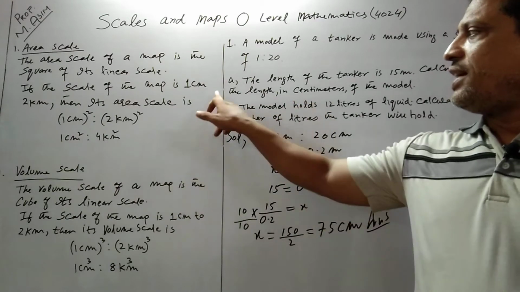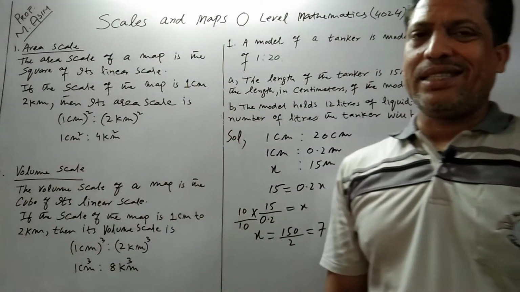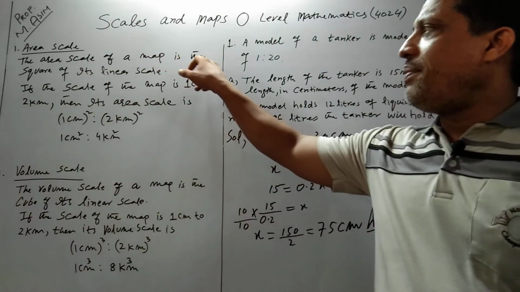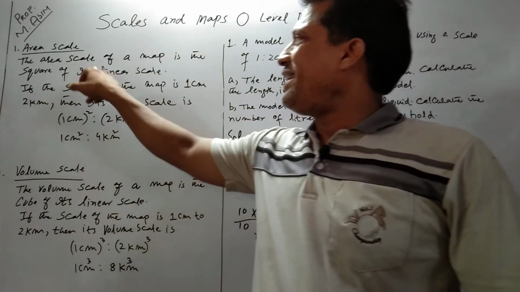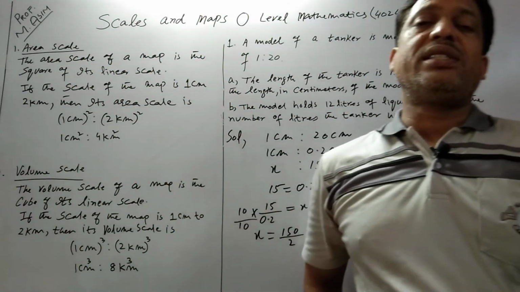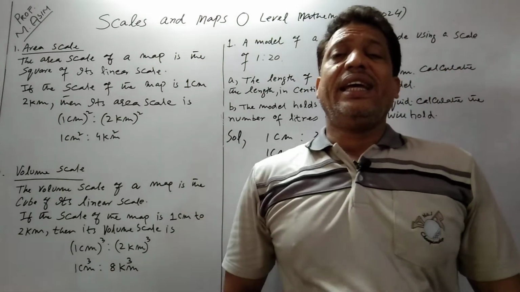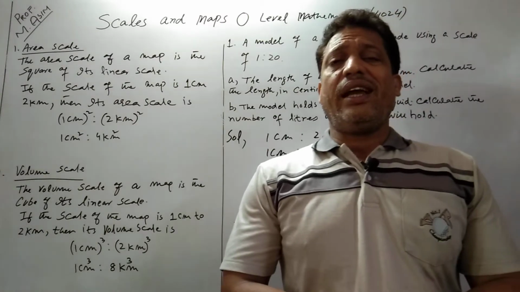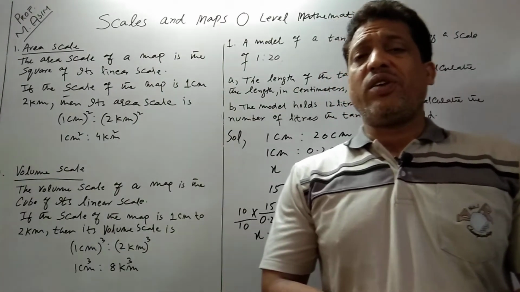First definition is area scale. The area scale of a map is the square of its linear scale. It means when you are given a linear scale, you just convert the linear scale into area scale by squaring both sides.